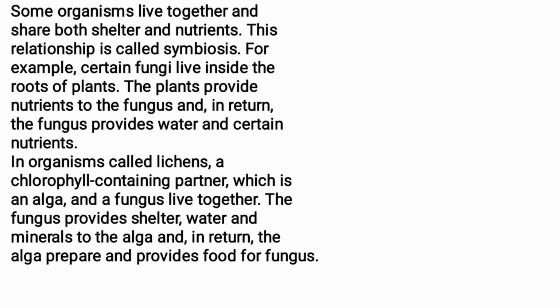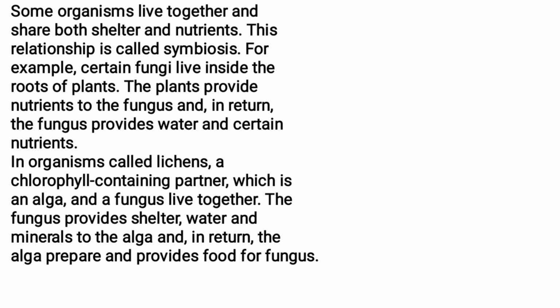Some organisms live together and share both shelter and nutrients. This relationship is called symbiosis. For example, certain fungi live inside the root of the plant. The plant provides nutrients to the fungi and in return the fungi provide water and certain nutrients. So sometimes there are organisms which live in the roots of the plants.